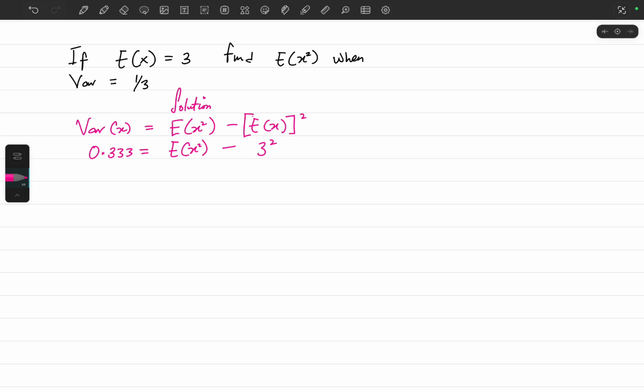So we square that will be 9. So 0.333 equals this, right, minus 9. So we take -9 outside, that becomes positive. So we get the expected value of x square equals 0.333 plus 9. So we get this square to give us 9.333. There we go with the variable.